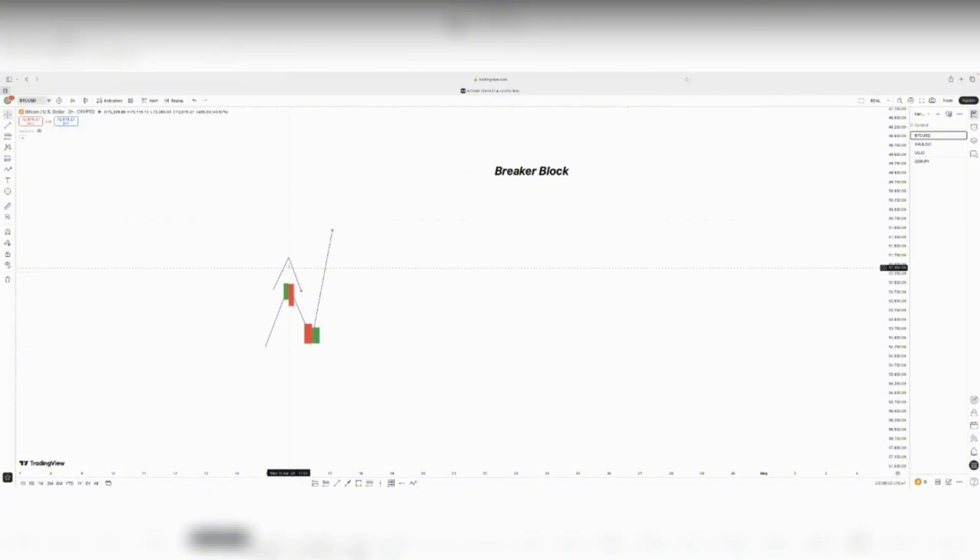Alright, now this is an order block that didn't make a new low. If price takes out this low before, this becomes a valid order block for price to use for downtrend continuation.